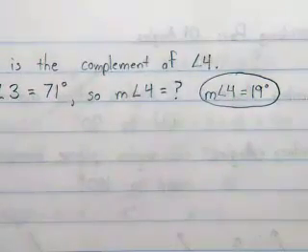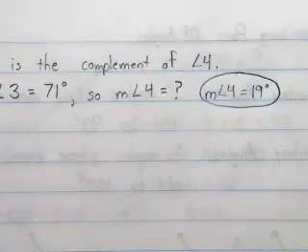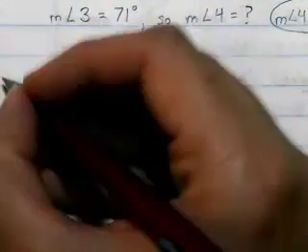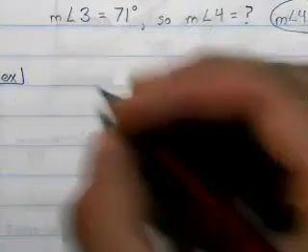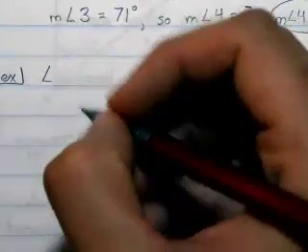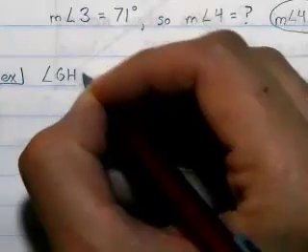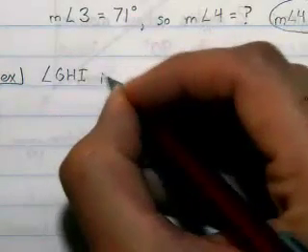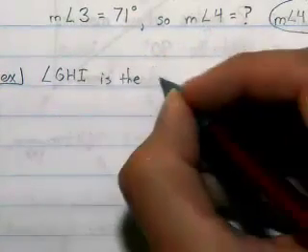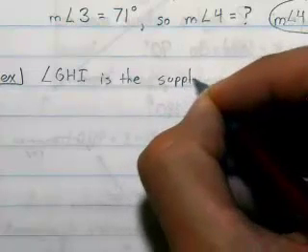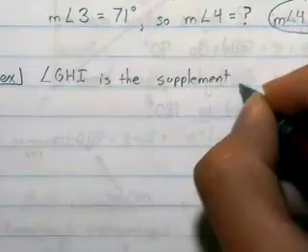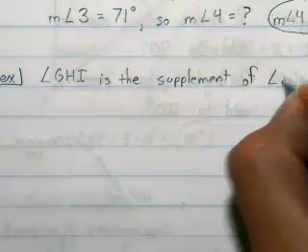Okay, so I'm going to take this idea and I'm going to put a little extra twist on it. See if you can take it a step further here. So let's say angle GHI is, we'll go supplement this time, of angle ABC.